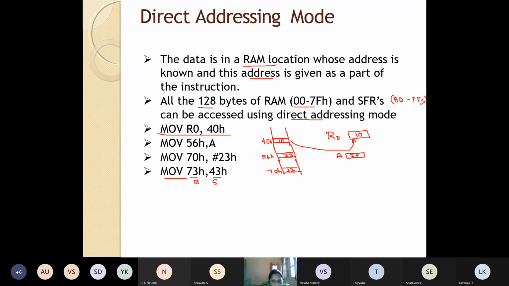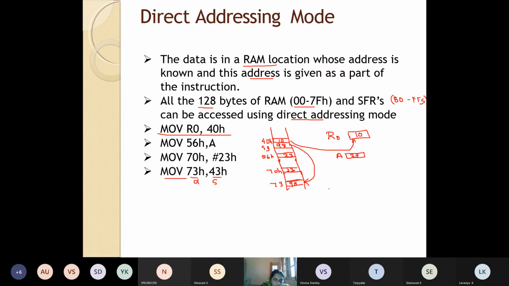For example, if memory location 43 has the data 98, that data is copied to memory location 73. So direct memory to memory copy is possible.